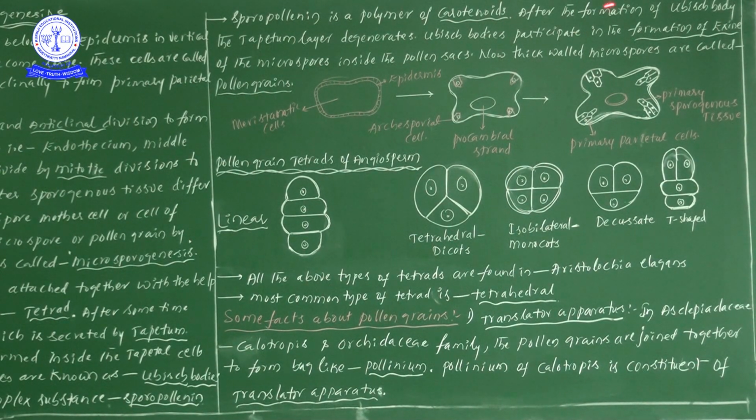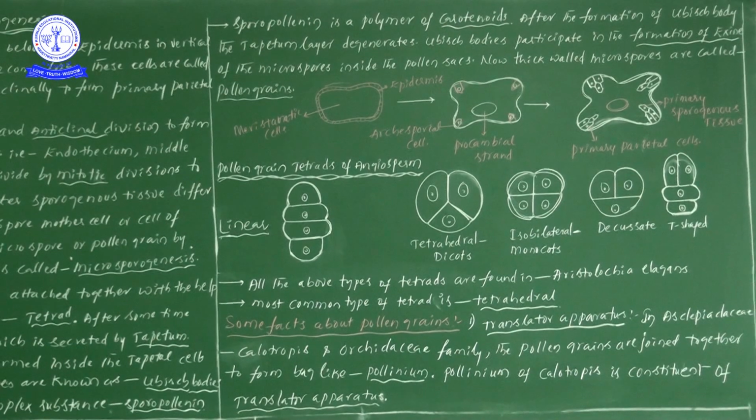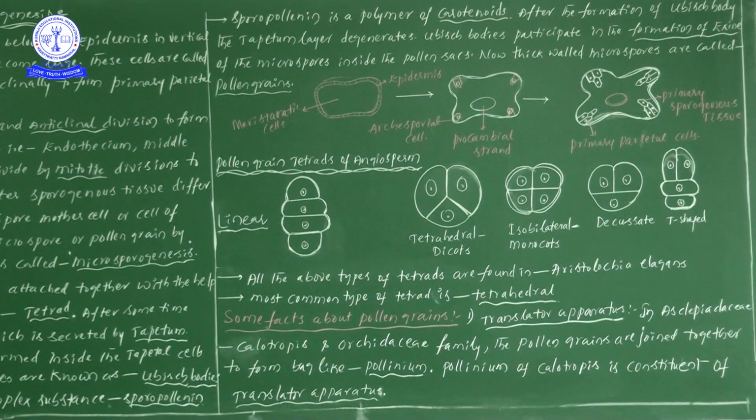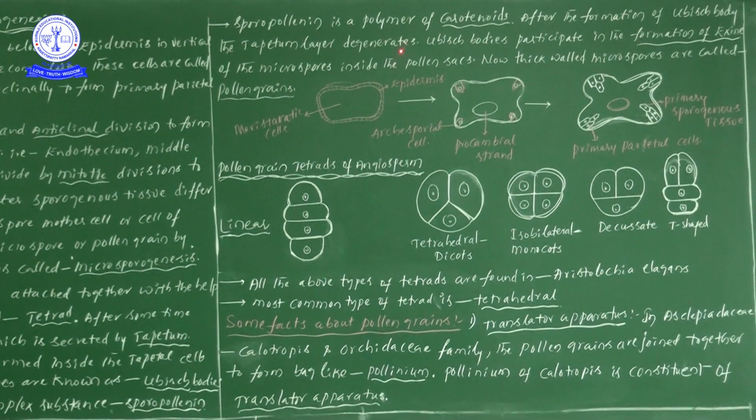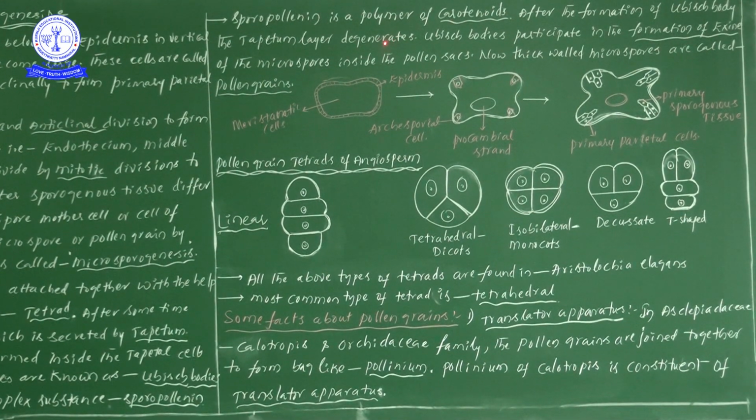Next one, after the formation of Ubisch bodies in the tapetum cells, these tapetum layers or cells later degenerate. Next, Ubisch bodies participate in the formation of the exine layer.